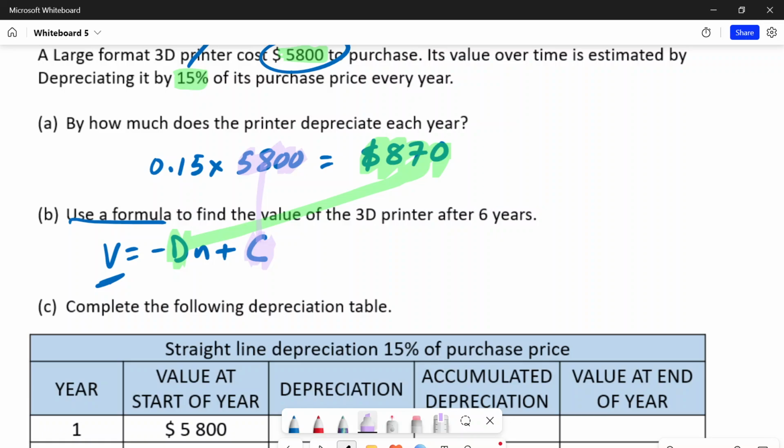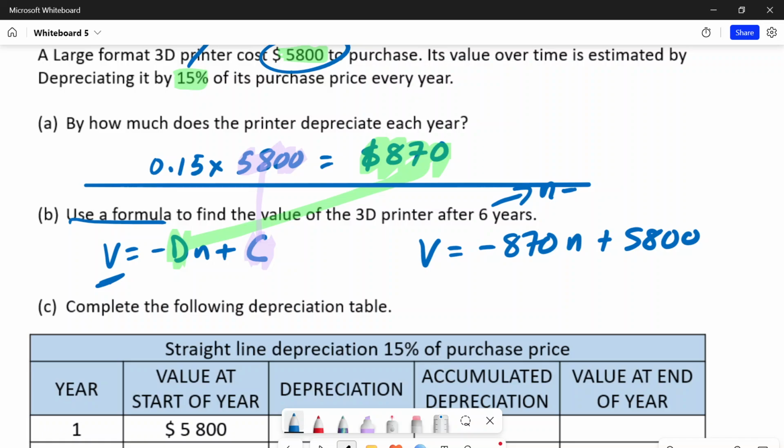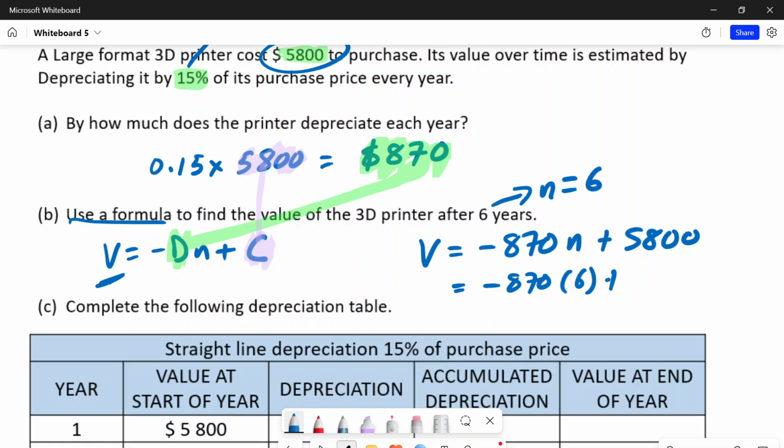Okay, so let's go ahead and use this formula. We know that V is equal to negative 870 n plus 5,800. So you can see I've put the D and the C. We always need to work those out and put them into the equation. Now they're asking us for 6 years, so that means n is equal to 6. So we're going to put 6 into this equation: negative 870 by 6 plus 5,800.